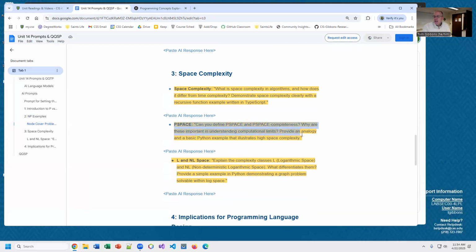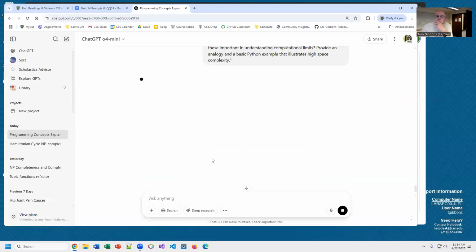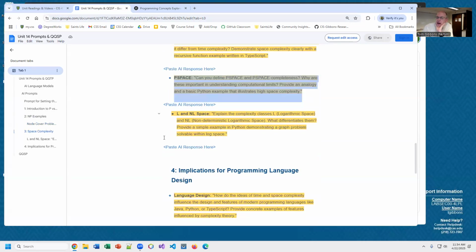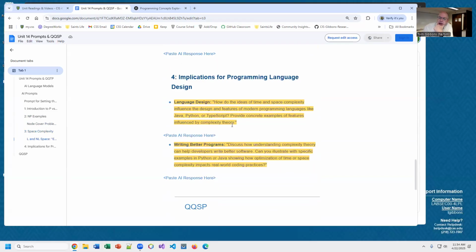And again, you can ask AI these questions. It should give you a pretty good example. And there's also logarithmic space and non-deterministic logarithmic space questions. And then the last prompt is: does this help you write better programs?